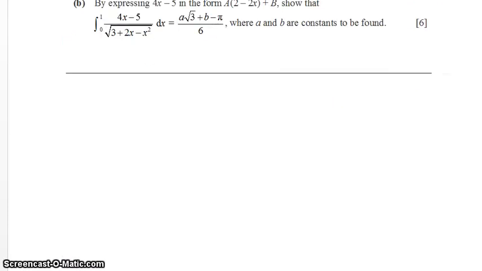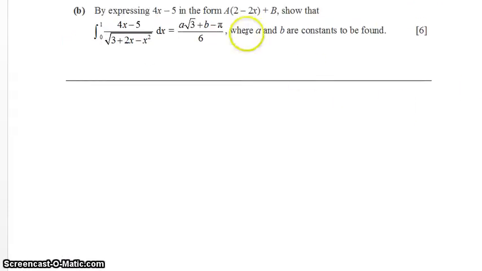Alright, very last question. By expressing 4x minus 5 in the form a(2 minus 2x) plus b, do this. Okay, so what do we recognize?